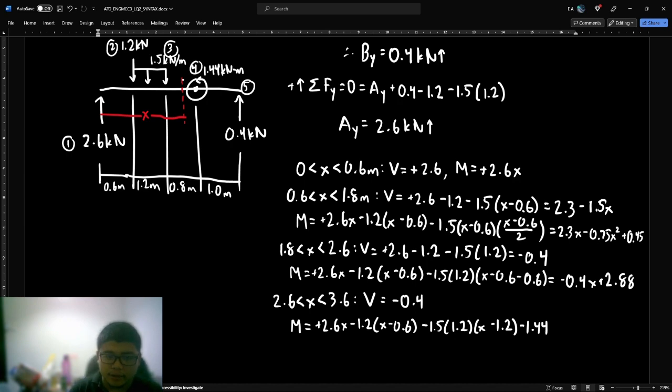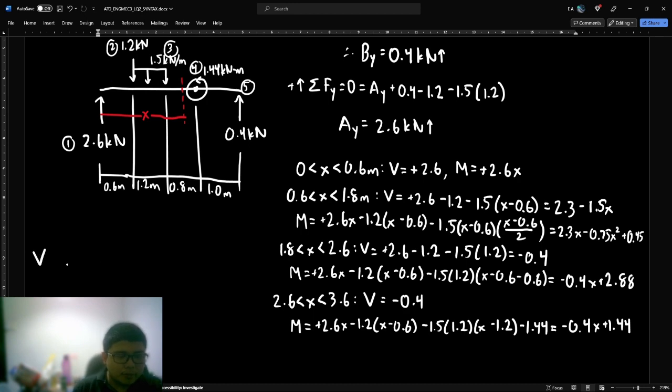We have an external moment here that is counterclockwise, and since it's making a frown, it's going to be considered negative. So this would be equal to negative 0.4x plus 1.44 when simplified.